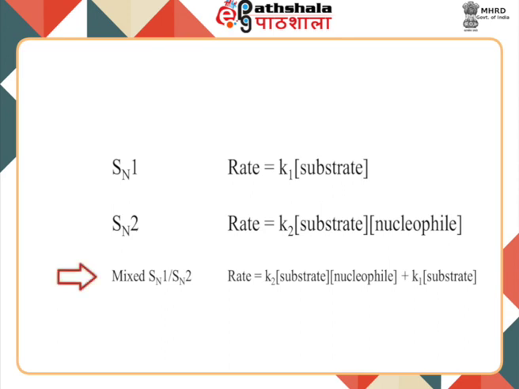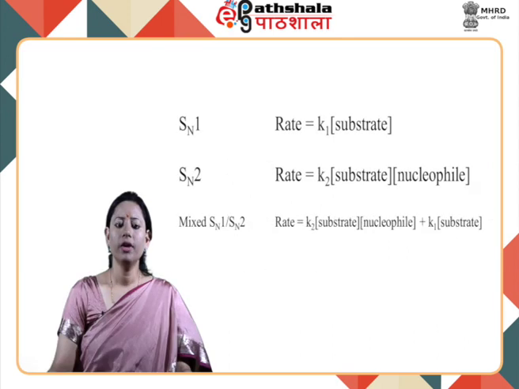Whereas for a mixed SN1 SN2 reaction, rate equals k2 times substrate concentration multiplied by nucleophile concentration plus k1 times the concentration of substrate. The rate law equations make it clear that an increase in concentration of nucleophile increases the rate of SN2 reaction but has no influence on the SN1 mechanism.